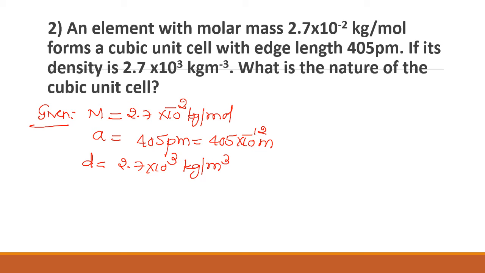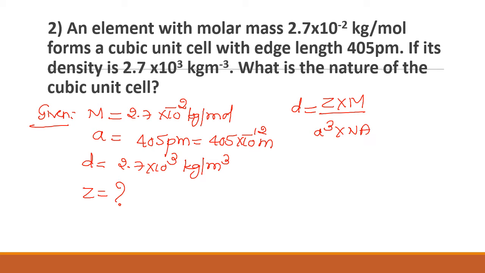What is the nature of the cubic unit cell? That means we need to find out the value of Z. What is Z? Z stands for the number of particles. If we want to calculate the value of Z, definitely we have to use the formula of density. d is equal to Z into M divided by a cube into NA.